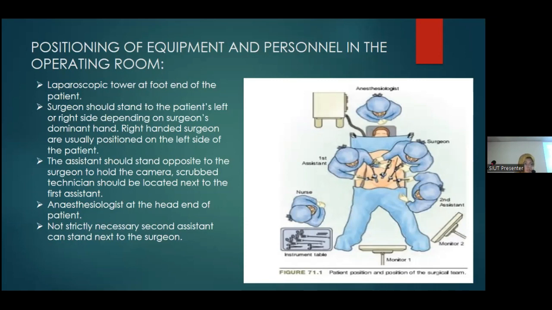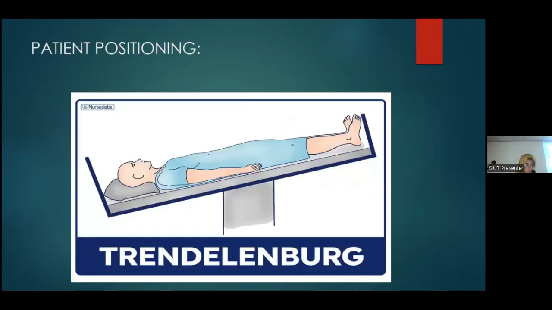Right-handed surgeons are usually positioned on the left side of the patient. The assistant should stand opposite to the surgeon to hold the camera, and the scrub technician should be located next to the first assistant, with the anesthesiologist at the head end of the patient. The patient position is the Trendelenburg position, with the head 30 to 45 degrees below the feet and the arms closely approximated along the side of the body.